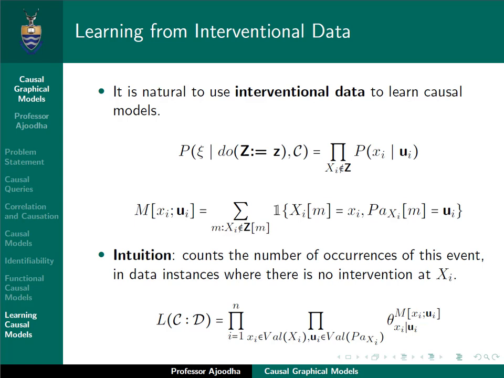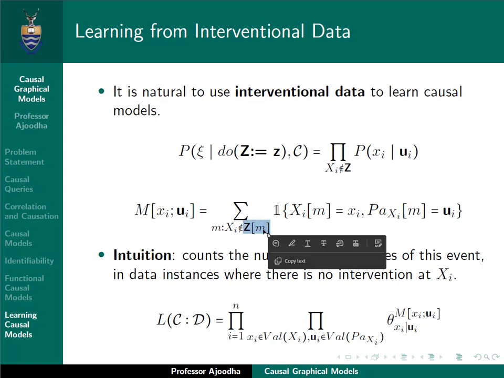I know it sounds very complicated, but look at what's actually happening here. Here we have an example of an ordered sufficient statistic, unlike before, right? So here we're counting occurrences where X has occurred, but also where the parents have taken the values of U, in this order, and we don't double count.